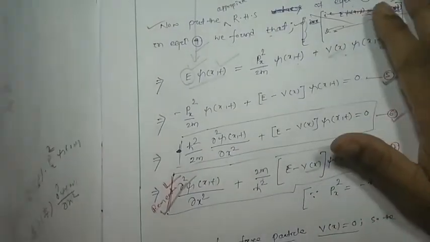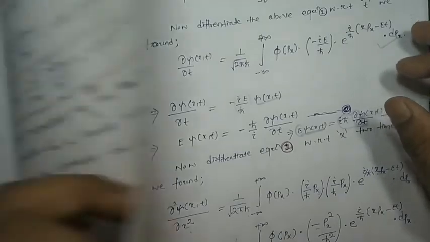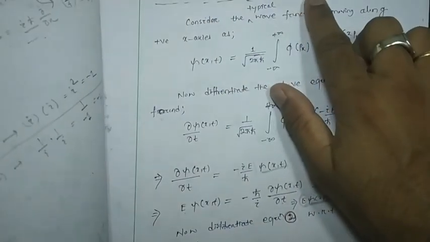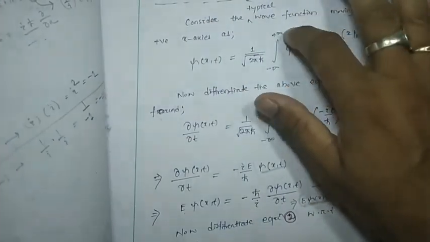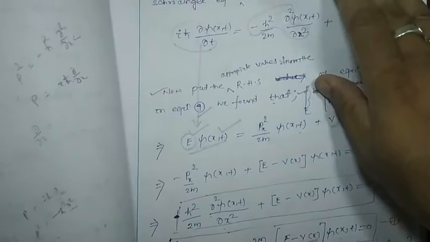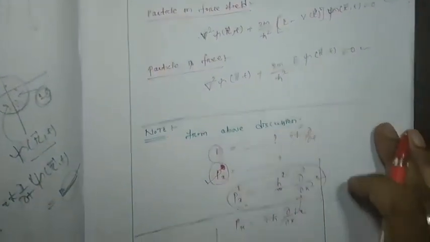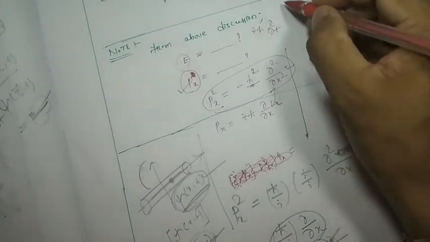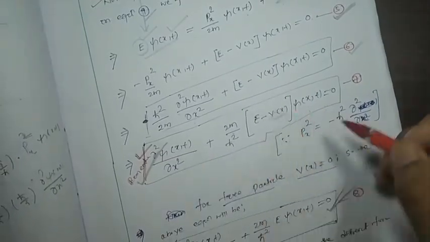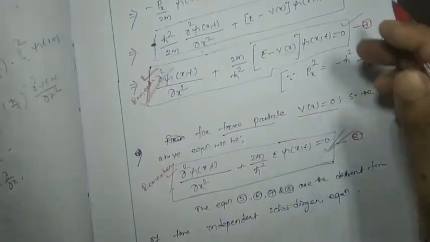So this is the discussion about your Schrodinger equation in a force field, the time independent Schrodinger equation in 1D and 3D. These two expressions you always have to remember for the force field.